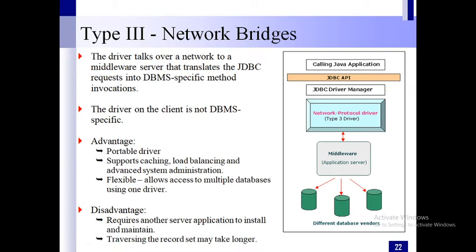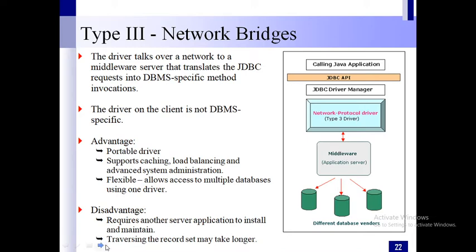It's like a three-tier. The application will be there in your client machine, in between you have a server, and then it will talk to your database. Data may be stored in a database server. Now communication will take more time. That is the disadvantage.